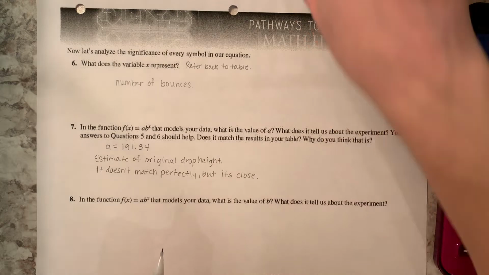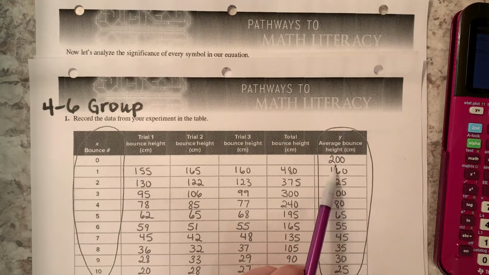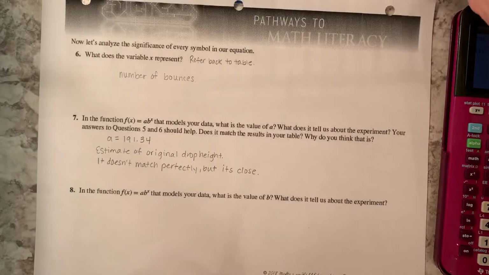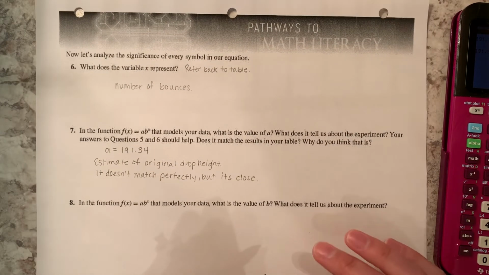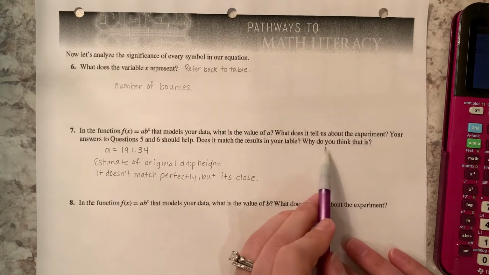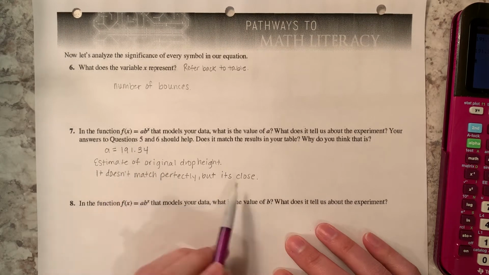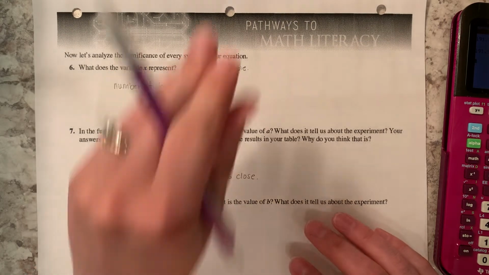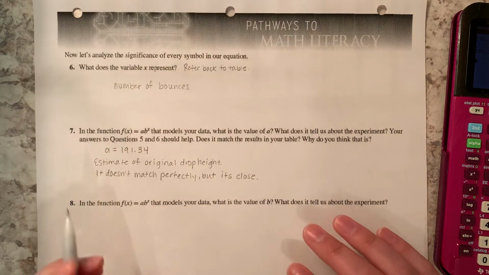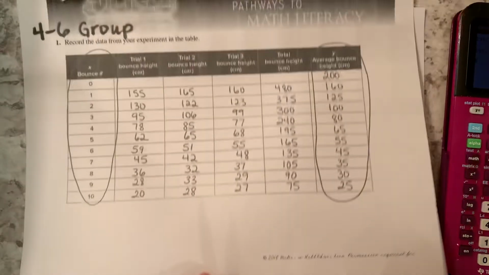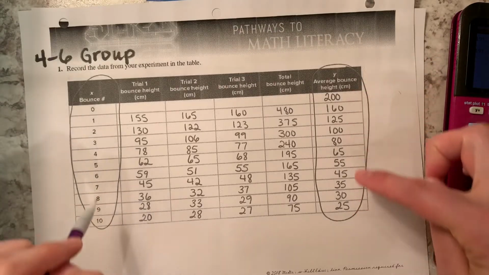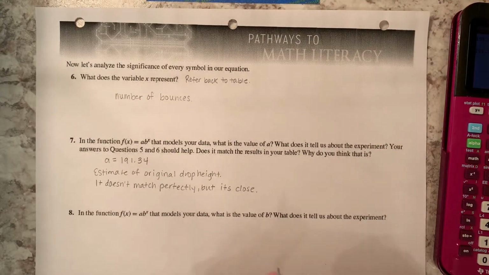Because remember, our data showed 200 as the original bounce height or the original drop height. But why do you think that they're not exactly the same? You have to keep in mind that the calculator gave us an estimate based on all of these numbers, right? So that's based on the 3 different trials that the bouncy ball experiment got us, right?